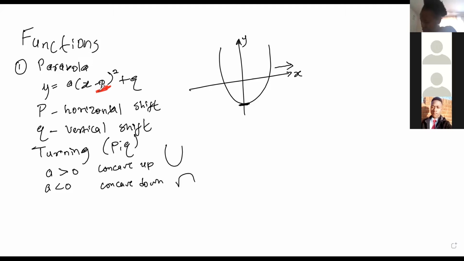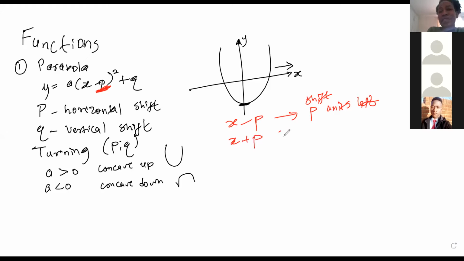If you've got this minus p, it means your graph will shift p units to the left. If it's a minus, right? Then if you've got plus p there, that means the graph will shift p units to the right.